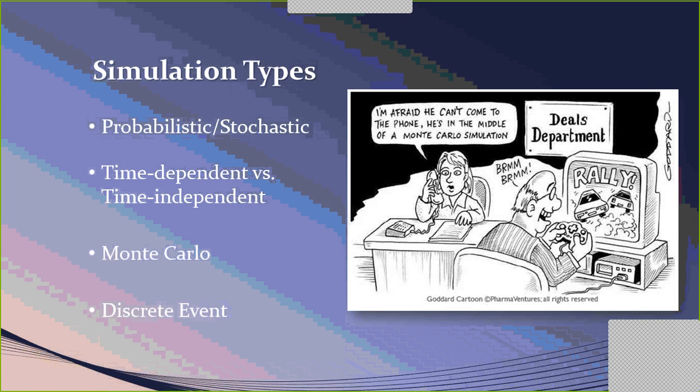For time-dependent versus time-independent simulations, the main difference is that for independent, it's not important to know exactly when an event occurred, versus dependent, where time is important, such as a wait time in a doctor's office or fast food line or something like that, in which a company might want to improve that wait time.